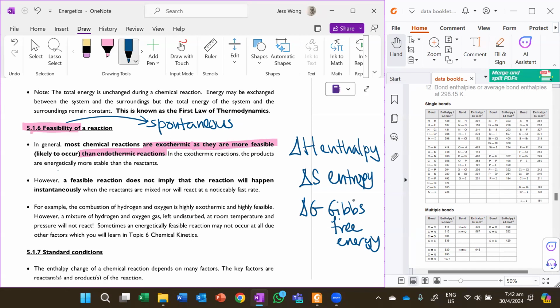So a feasible reaction doesn't mean that immediately you will see it happening, but it just means that the reaction, once it's started, will be able to sustain on its own without external energy input to keep it going. So an example will be rusting. Okay, just place an iron nail in water, walk away. Tomorrow, or a few days later, you are back and it has oxidized.